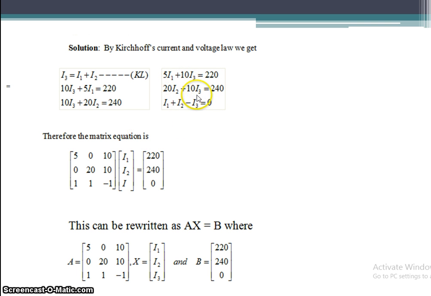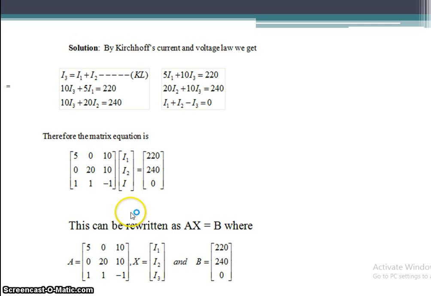Next we rewrite these equations in matrix form. The first column is I1, the second column is I2, the third column is I3. So I can write 5, 0, 10, 0, 20, 10, 1, 1, minus 1, times I1, I2, I3, equal to 220, 240, 0.